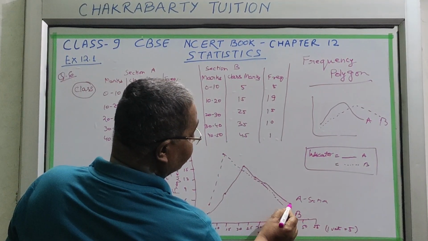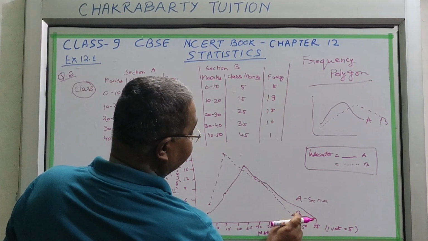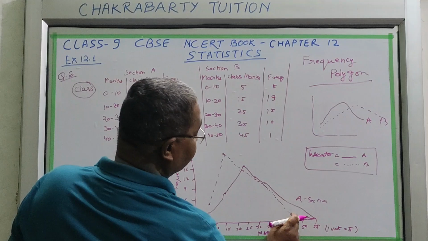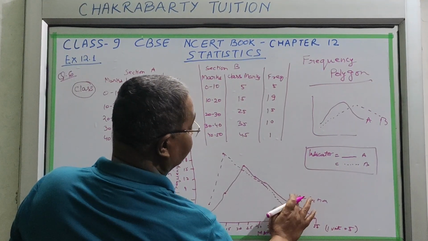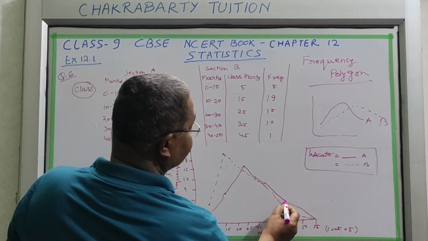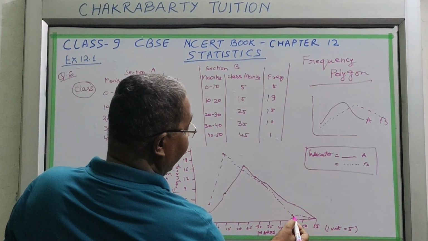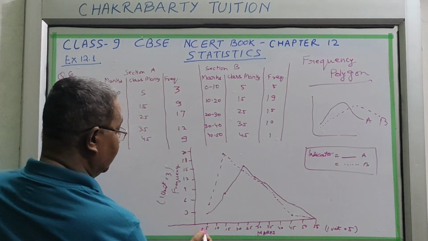So this line you have to make up to here, and this also by the dotted lines up to here. It will touch this point. This is your A section, and the dotted line will also touch here.